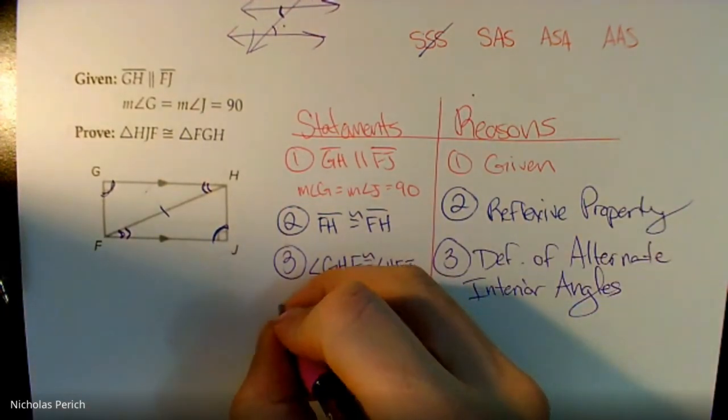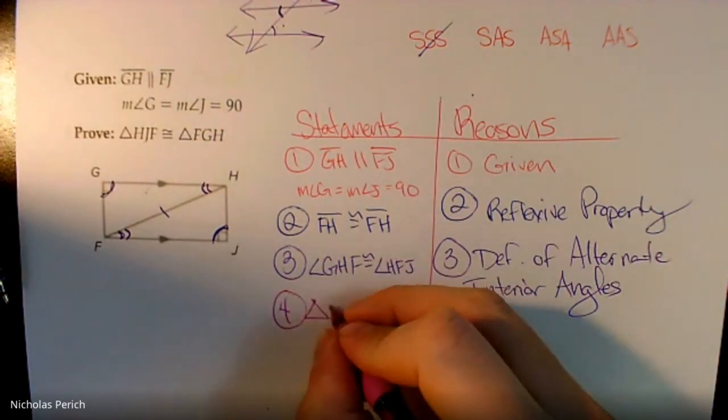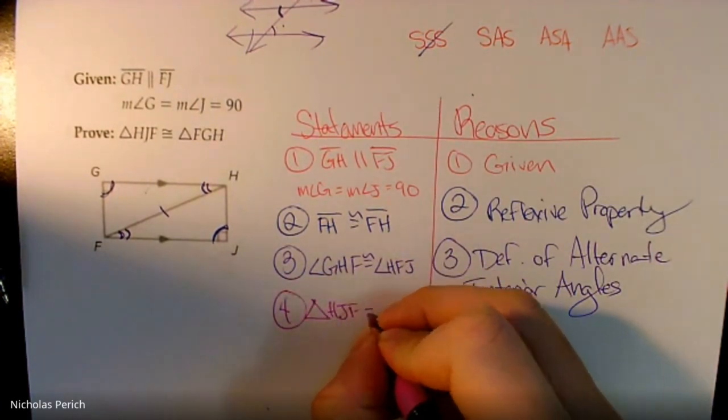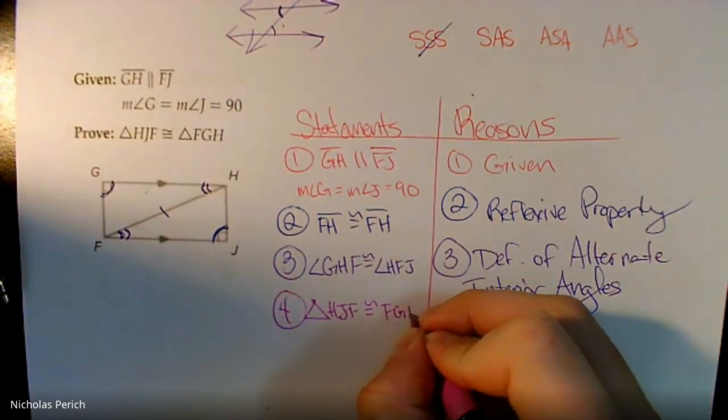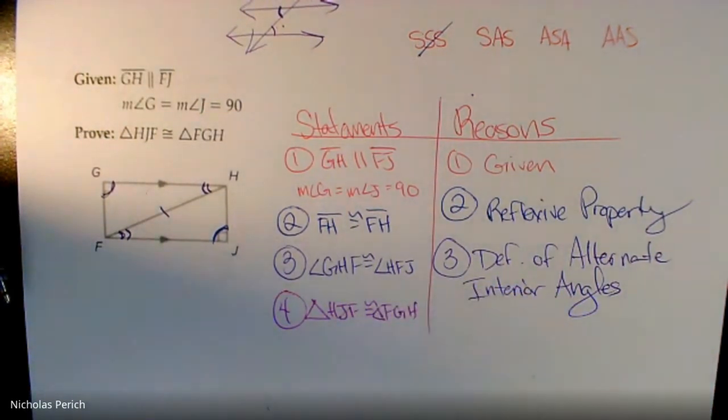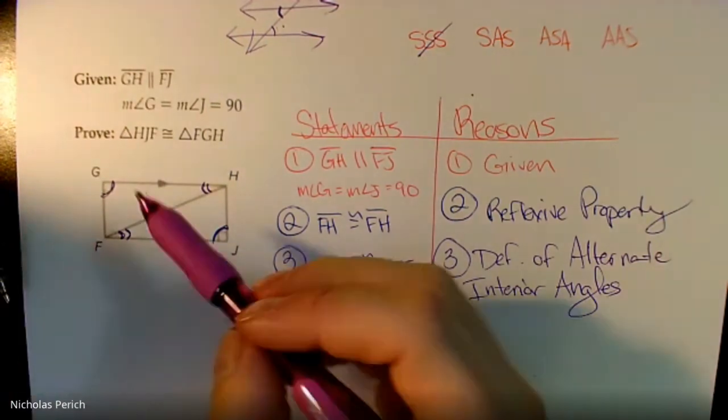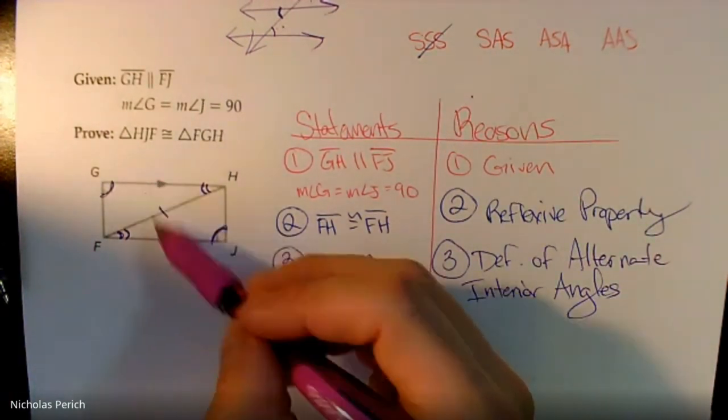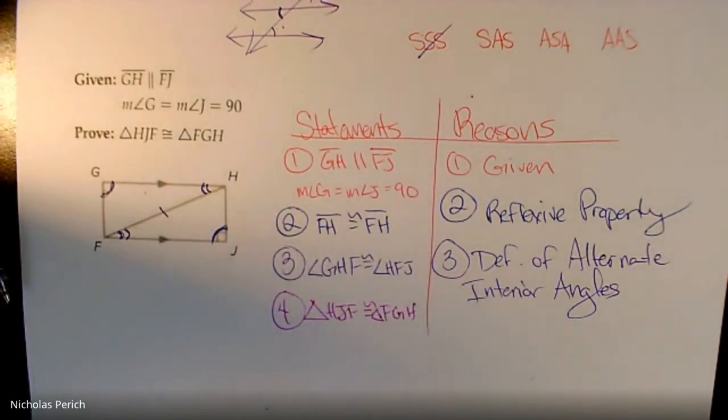So these guys are congruent. HJF is congruent to FGH. The black triangles on these mean that they're parallel. Again, this is stuff that we haven't talked about in a couple months. So if we forgot that, that's okay.